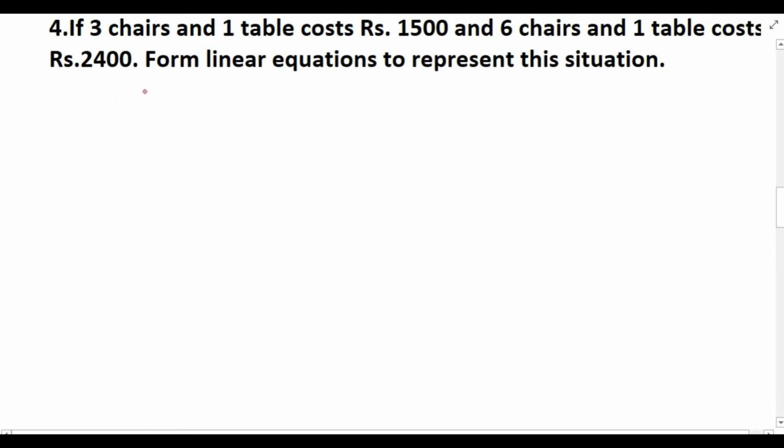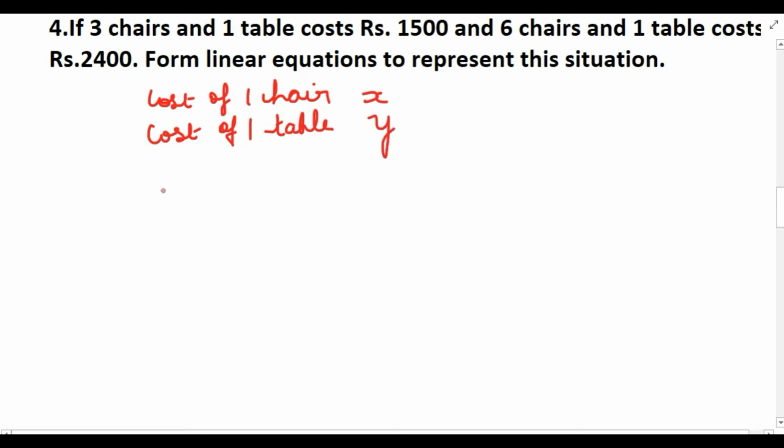We can take the cost of one chair as x, and the cost of one table as y. So we can write 3x plus y equal to 1500, 6x plus y equal to 2400.